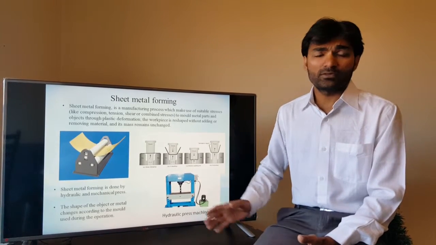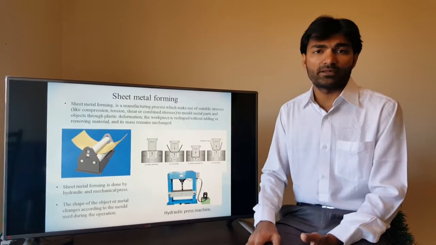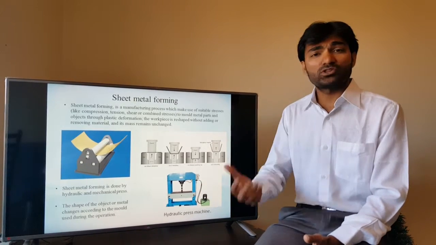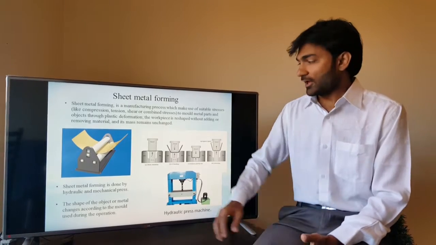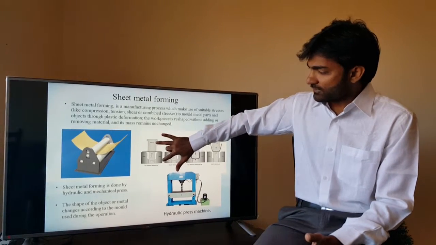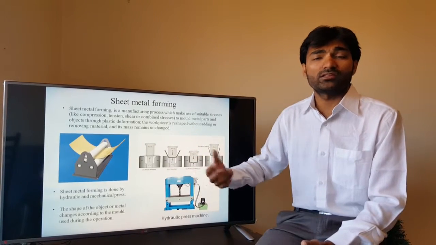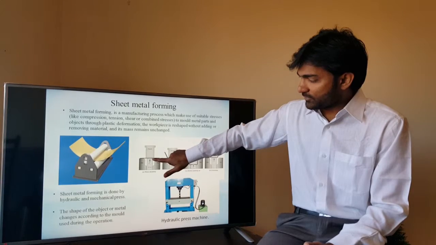This plastic deformation of the sheet metal is carried out by using a hydraulic press, or you can use a mechanical press too. The figure shows a hydraulic press, and to change the shape and the size, in the hydraulic press we use dies. As you can see in the figure, there are two dies. These dies are used for molding or changing the shape of the sheet metal, and in between there is a sheet.